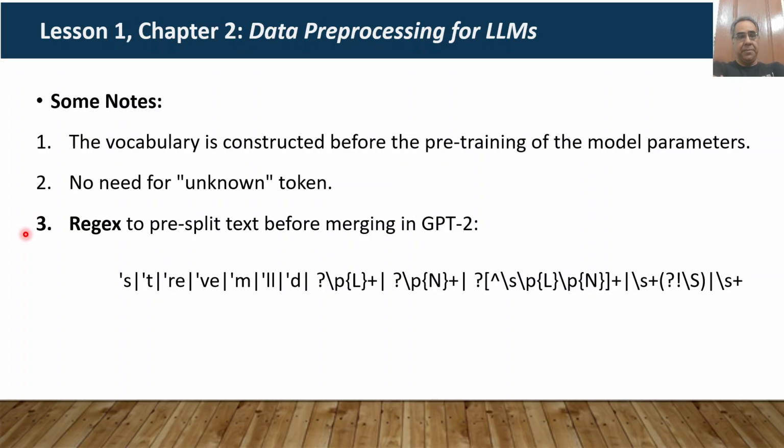And three, if you let BPE run wild, it might merge things that do not make sense. To prevent random merging, GPT-2 uses the following regular expression, regex, to pre-split text before merging.